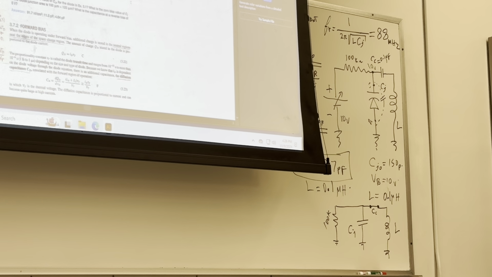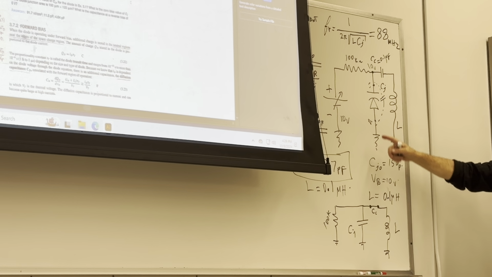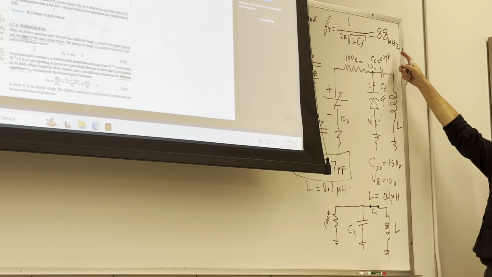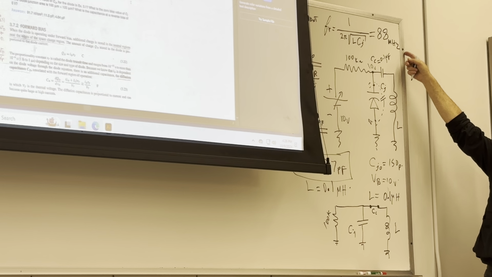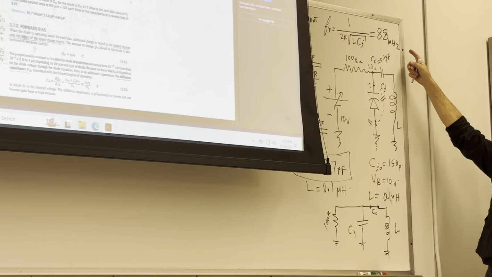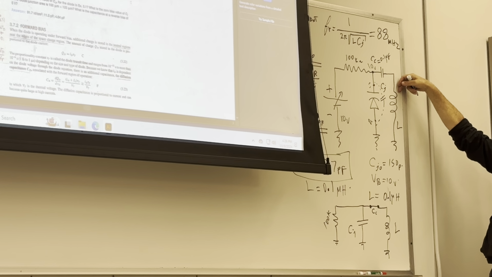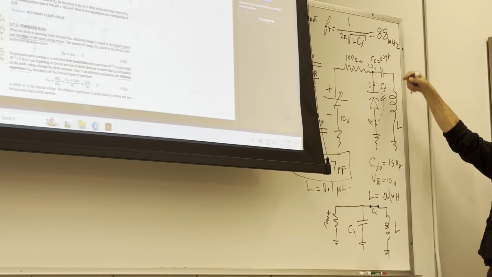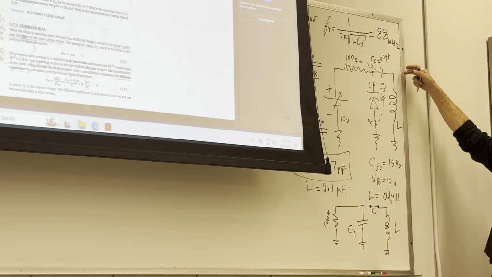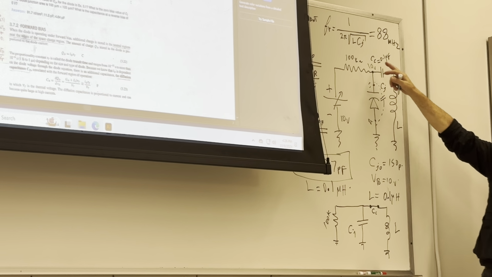That's tuning. Can I go to 108 megahertz? What do you think I have to do in here to go to 108 megahertz? Higher than that. A little higher than that. Lower the inductor. We don't touch the inductor, but we can do it with the capacitor. Let us make the capacitor lower.